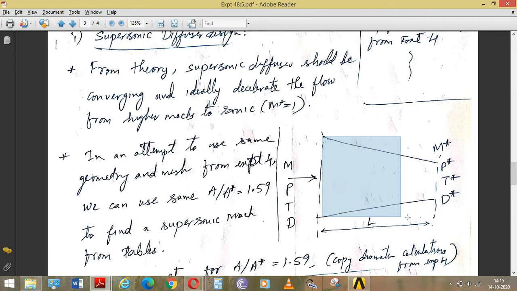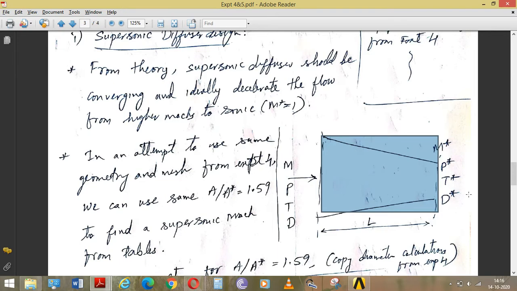For an efficient diffuser, the exit Mach number should be as low as possible, that is Mach number 1. Mach 1 is the lowest Mach number that can be achieved through a supersonic diffuser. That's the critical value, the lowest value a diffuser can achieve through the throat. You can't decrease it further through this particular duct.